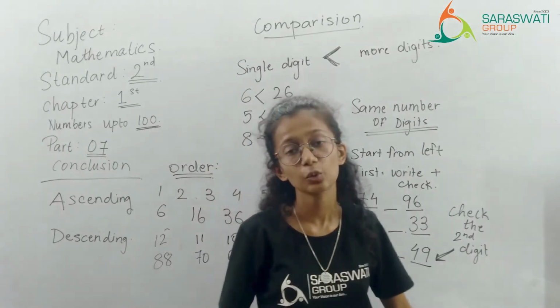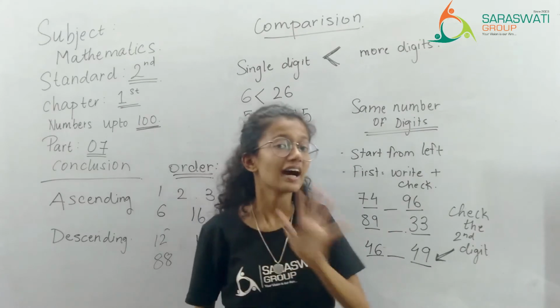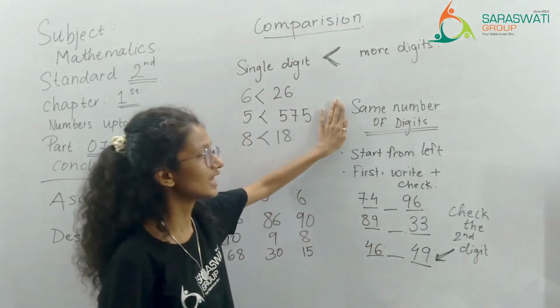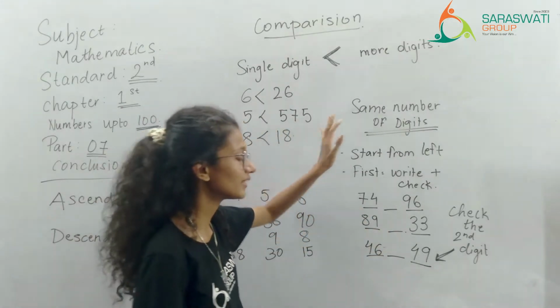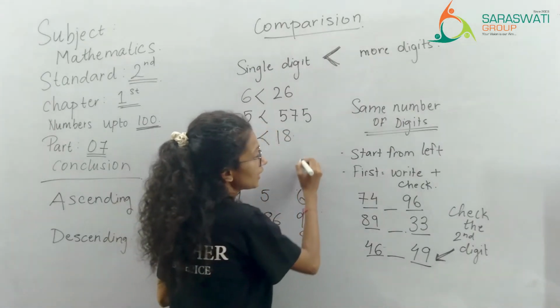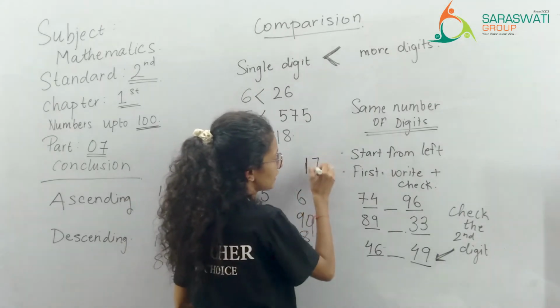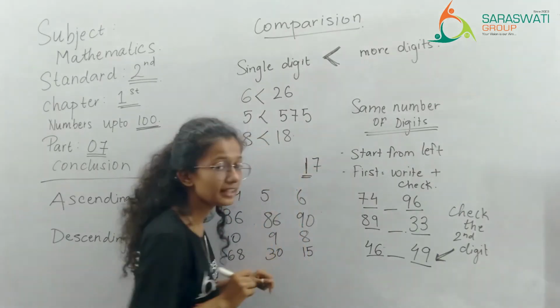Now you will like to ask me, madam, what if the digits are the same? So, same number of digits. We also learned that. We write digits from the left. If I want to write 17, I write it from the left.